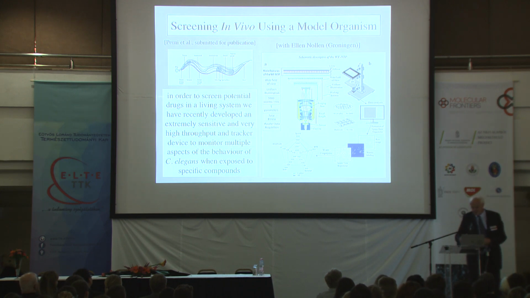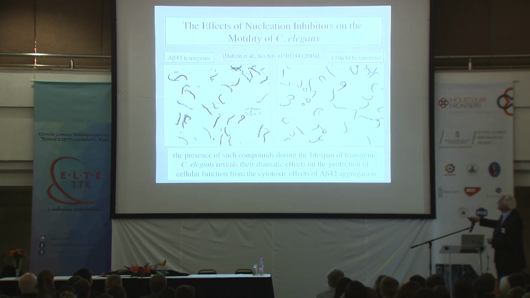And I just wanted to show you a couple of the results of this. This is the C. elegans, which is transgenic for the A-beta-42. In other words, the A-beta-42 is being expressed in the muscle of the worm, and it causes paralysis. These are very, very unhappy worms. They're not doing much apart from sort of jiggling around.